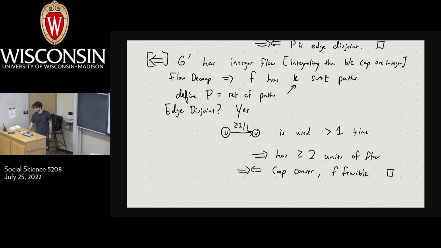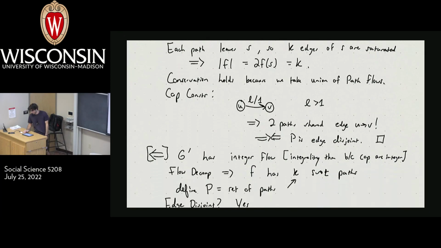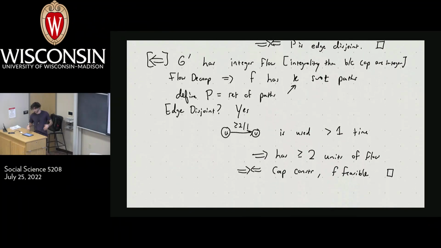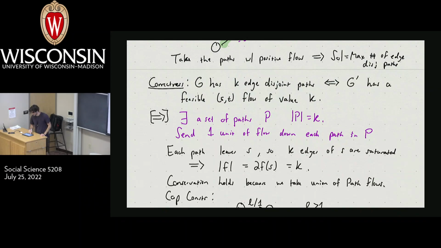Okay? So if we started with a set of disjoint paths, we just send 1 unit of flow down them all, and that gives us a flow of size K that's feasible in our graph G. Otherwise, if we already knew we had an integer flow, if we already solved the max flow problem, then we can strip out all the paths in that flow, and that gives us a solution to the disjoint path problem. And in particular, this K is the same in both cases.